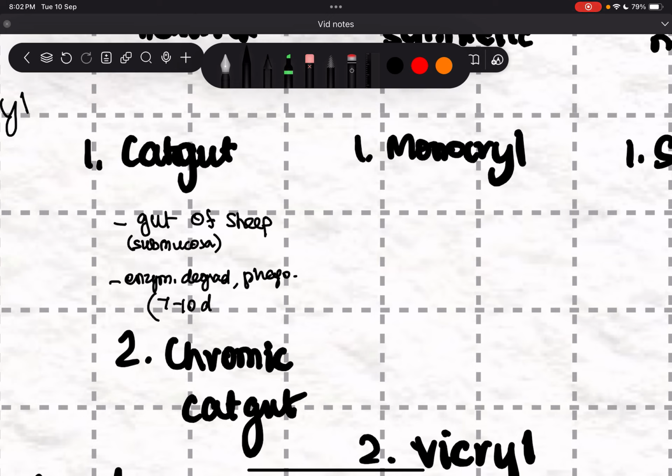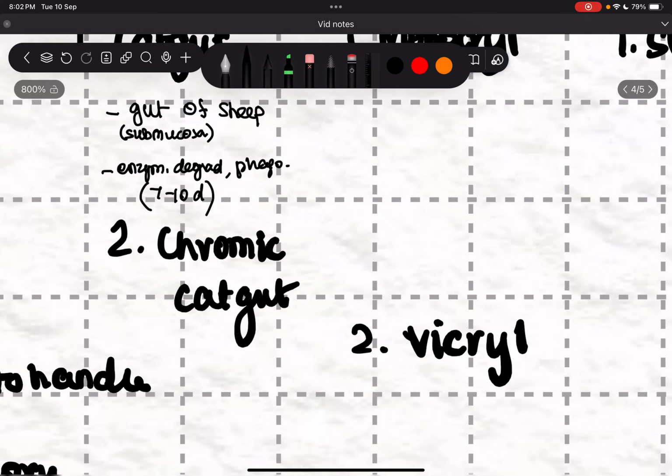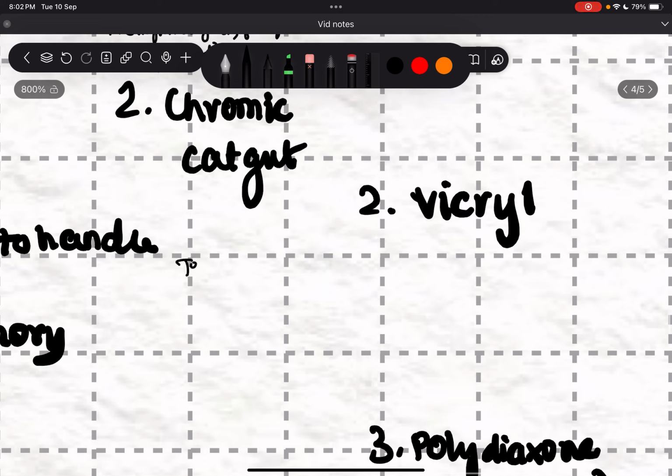And there is chromic catgut here, which has a tensile strength of 21 to 28 days, and complete absorption within 90 days.